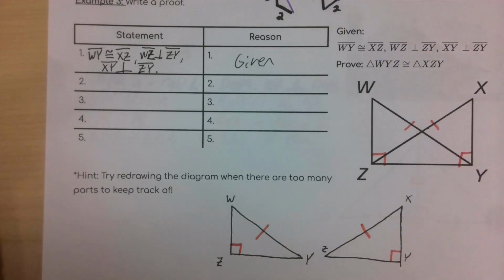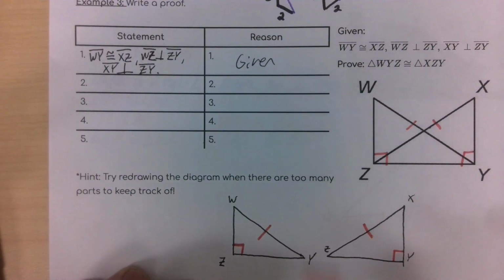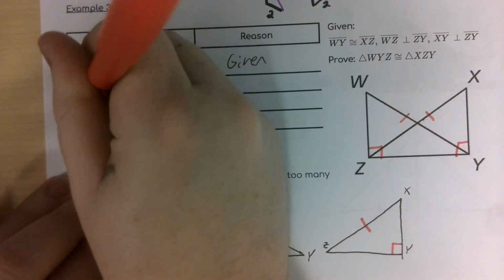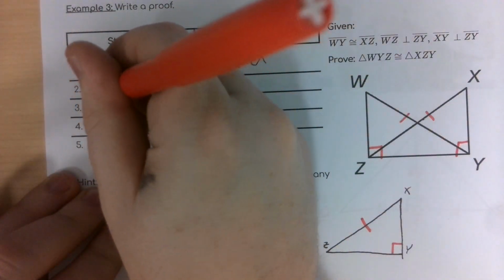The thing is, though, this does something really important for us. It means that we have two right angles that are created. In other words, we find that angle Z and angle Y are right angles. I think that's going to be important to show that these are right triangles.